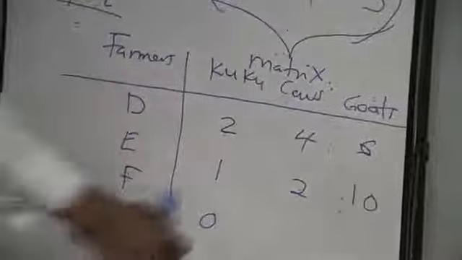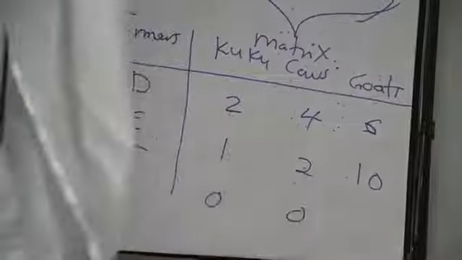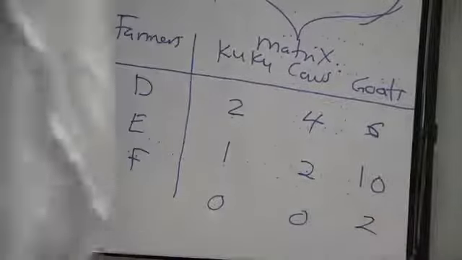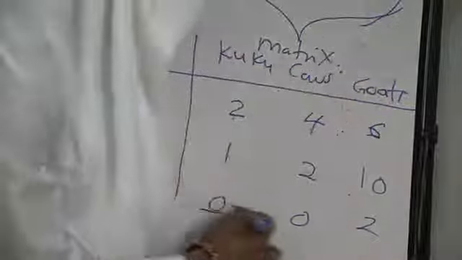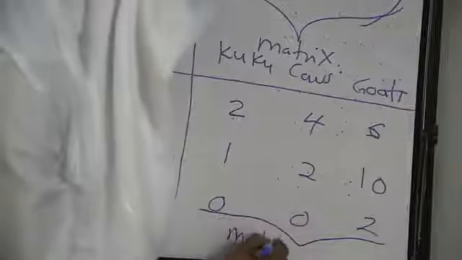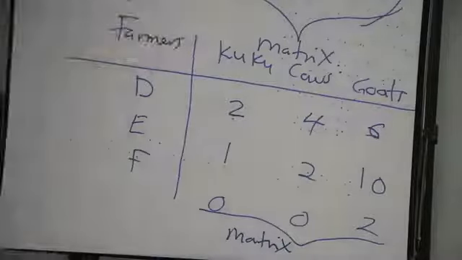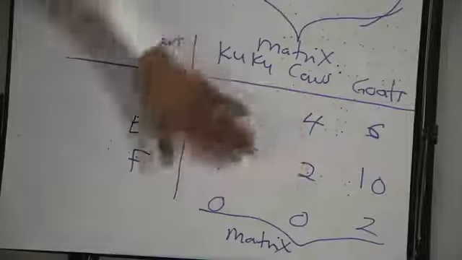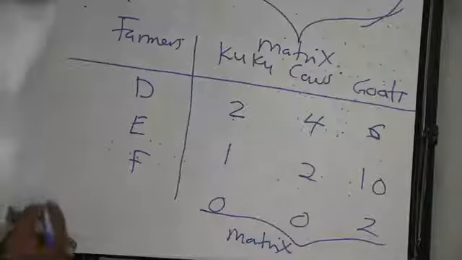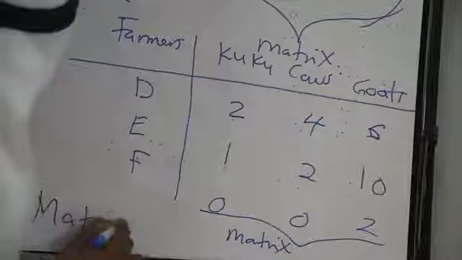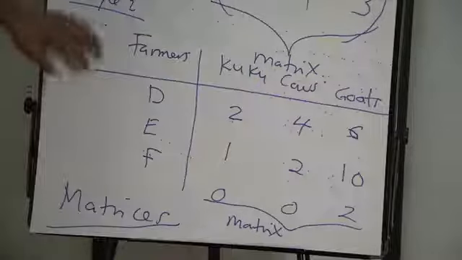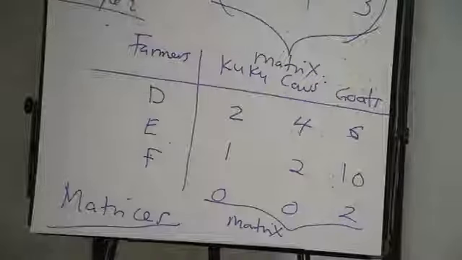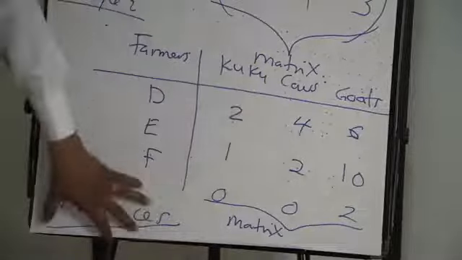Farmer F has 0 chickens, 0 cows, and 2 goats. This is also called a matrix. So we have this matrix and we have this matrix. When you combine the two, we get matrices, the plural. This is a matrix, this is a matrix. The two of them make matrices.